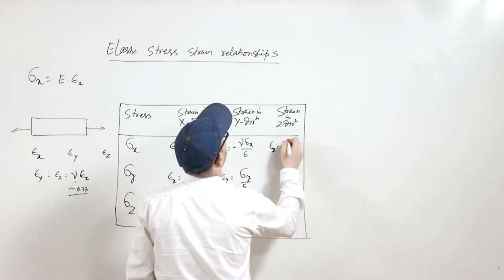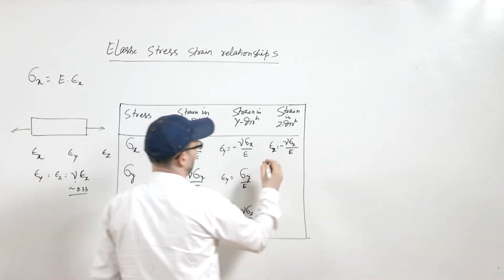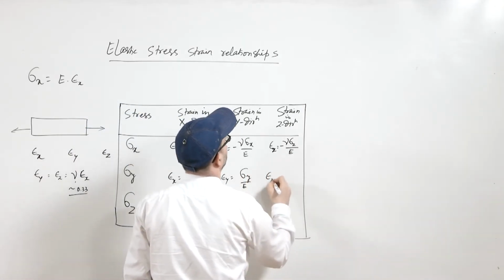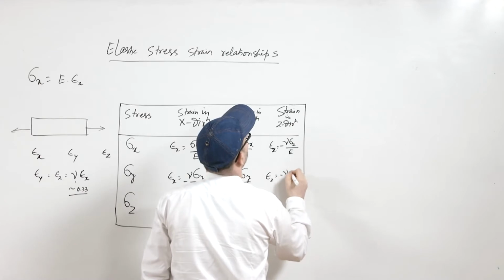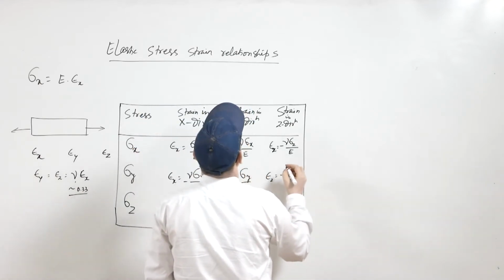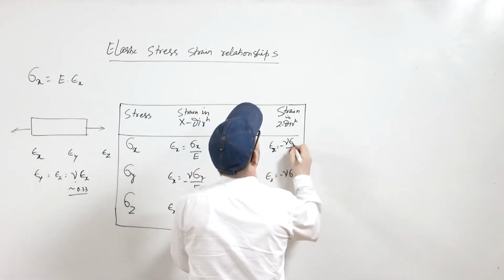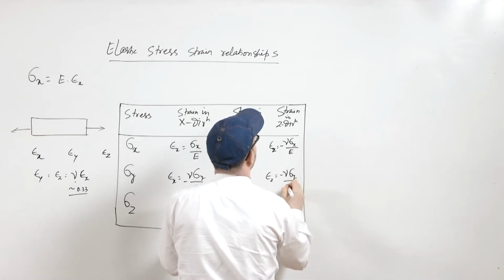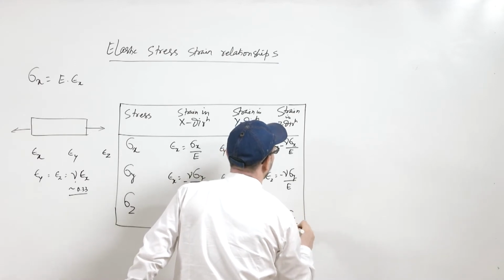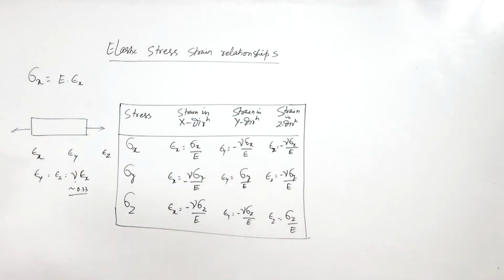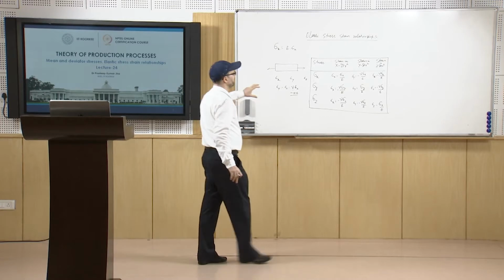So, this will be minus nu sigma z by E. Then you have epsilon z as minus nu sigma x, and this is y by E, and this will be sigma z by E. That is how these other components of strain can be found out.